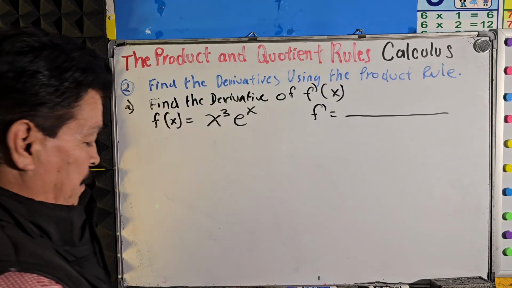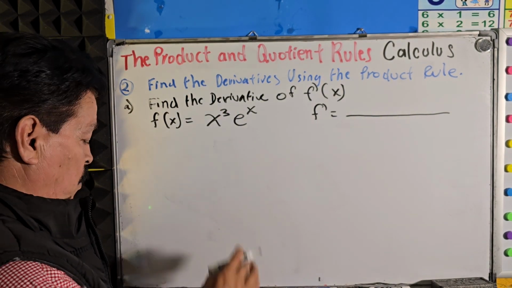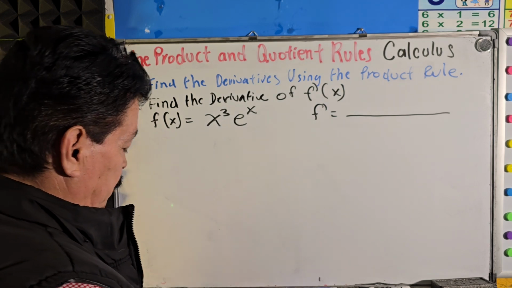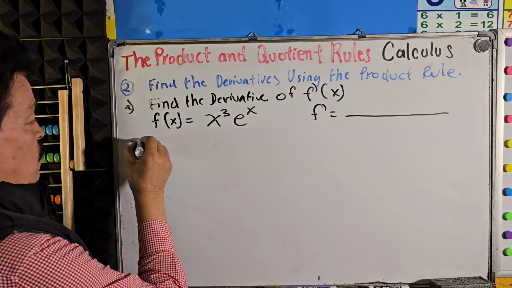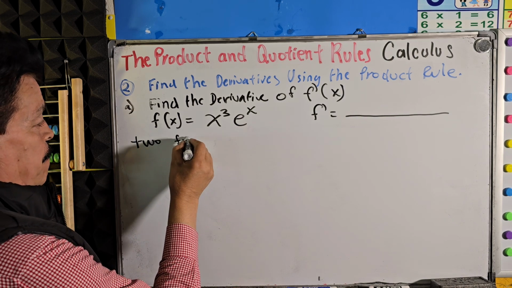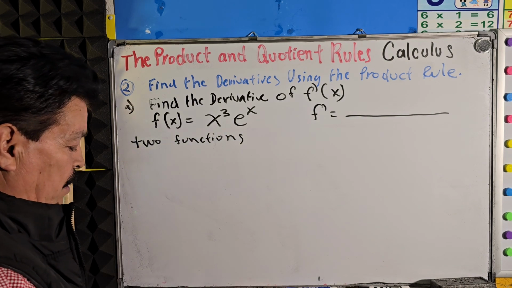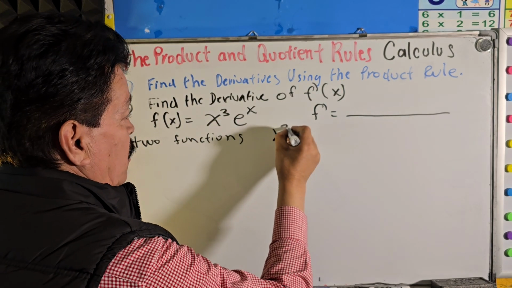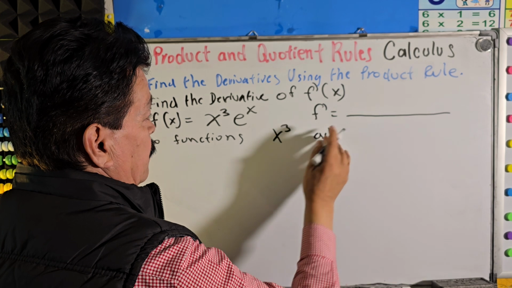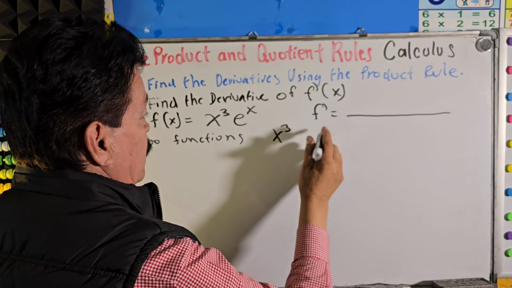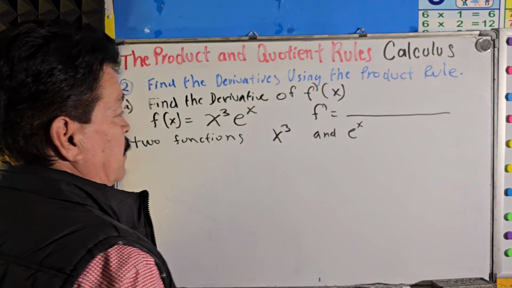Okay, first step. We have to divide into two functions. We can see two functions. One is x to the third power, and the second one is e to the x power.